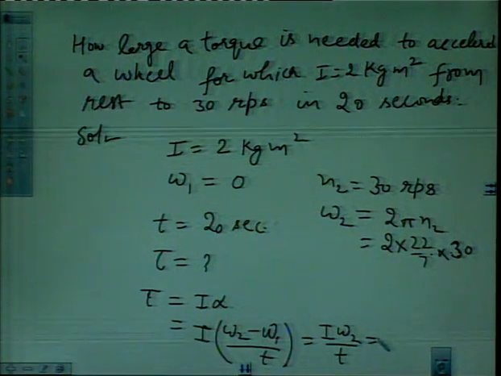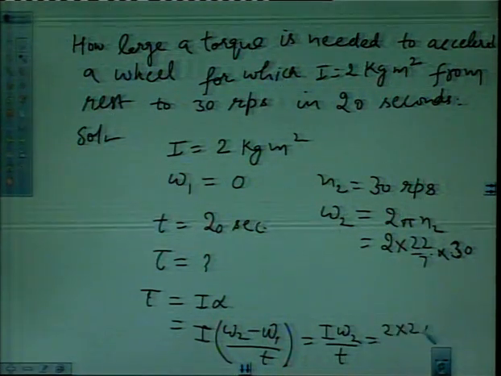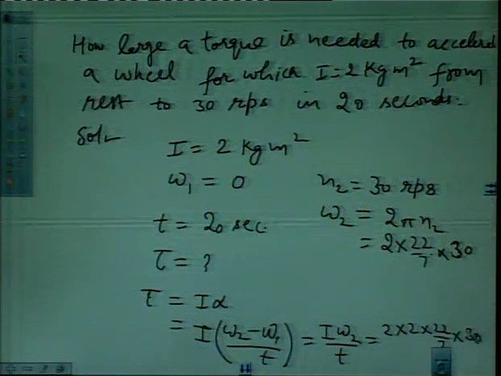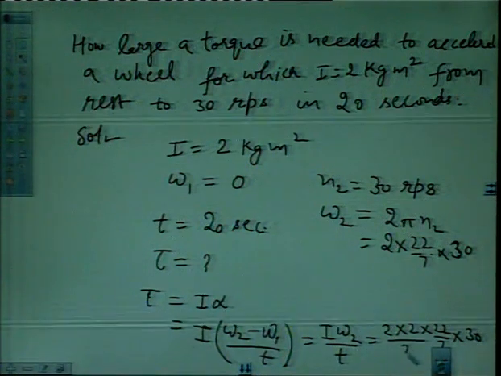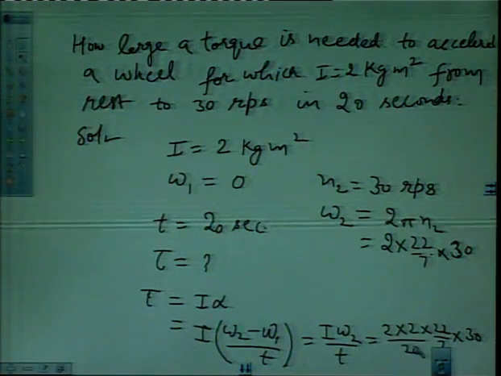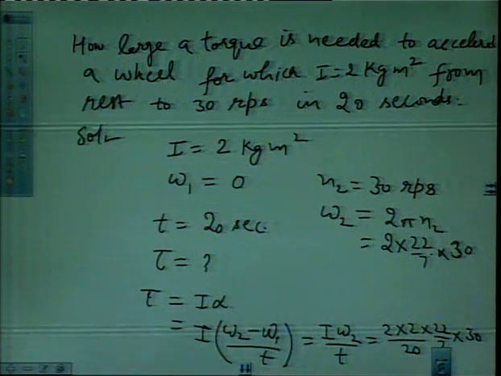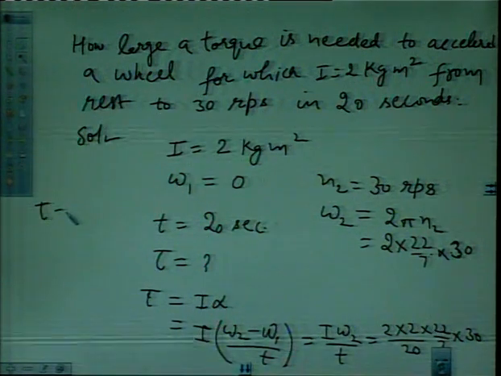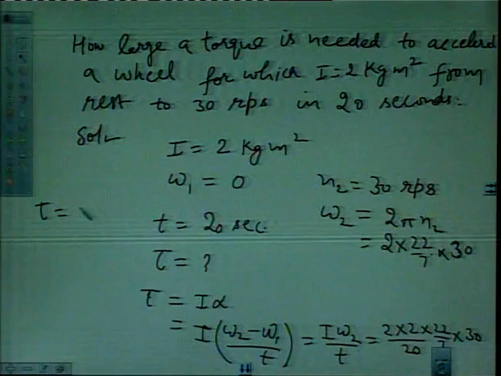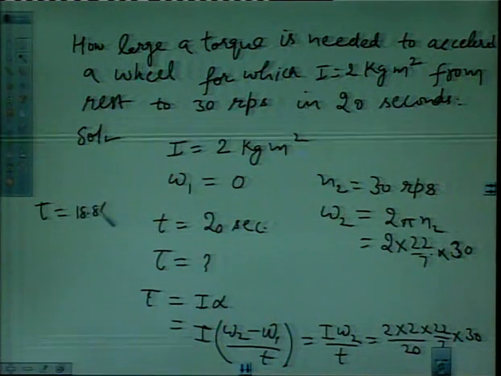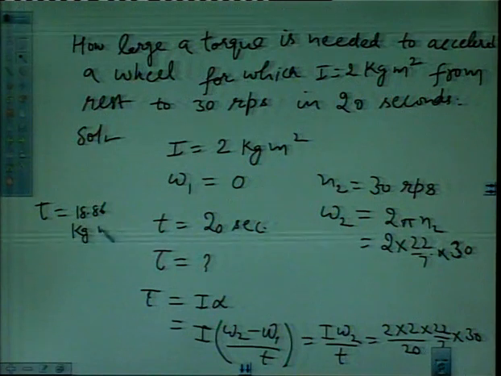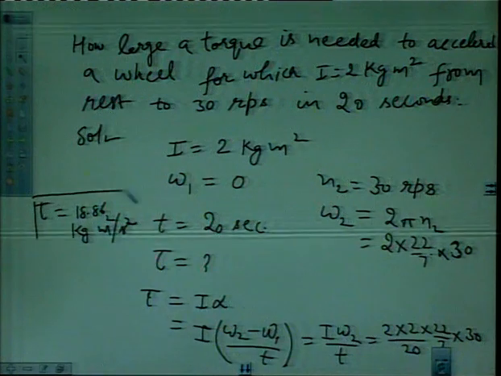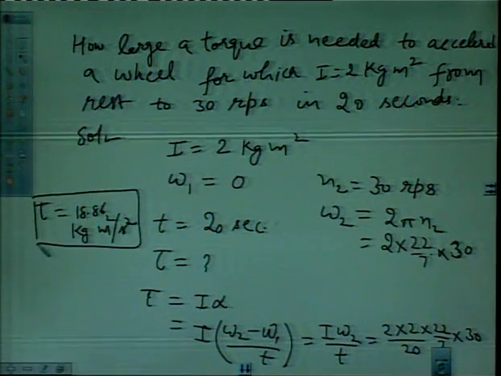I is equal to 2 into 2 into 22 by 7 into 30. The time is equal to 20. So if we solve it, we have the answer. Torque is equal to 18.86 kilogram meter square per second square. So this is our final answer.